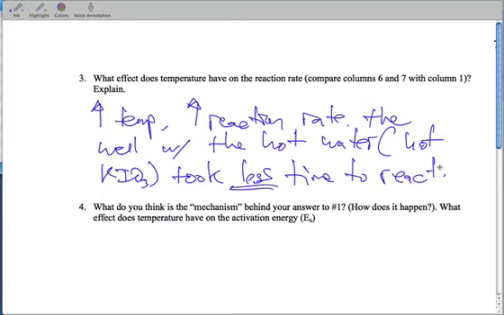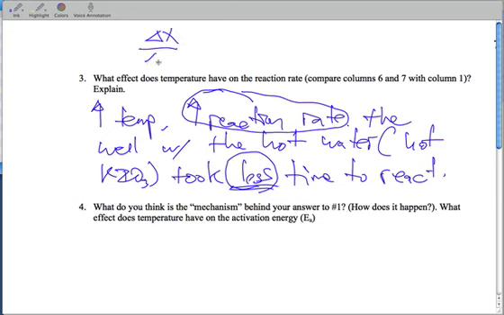So I know it's a little counterintuitive, but less time, okay, means a faster rate. I know in physics you guys often talk about rate as described as the change in position over time. And if you decrease t, you increase rate.